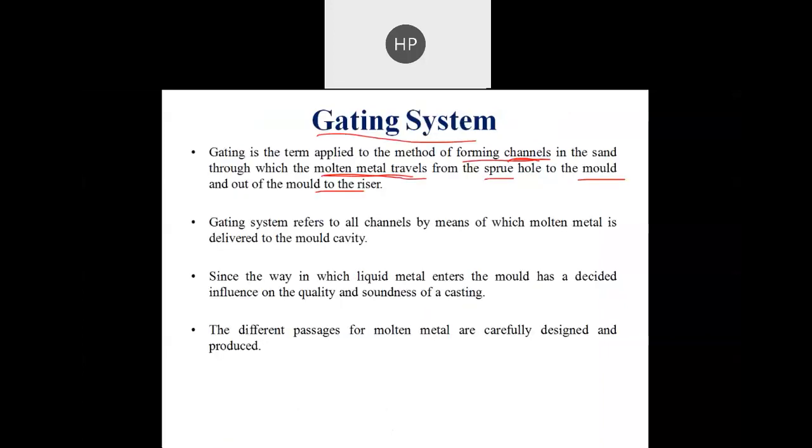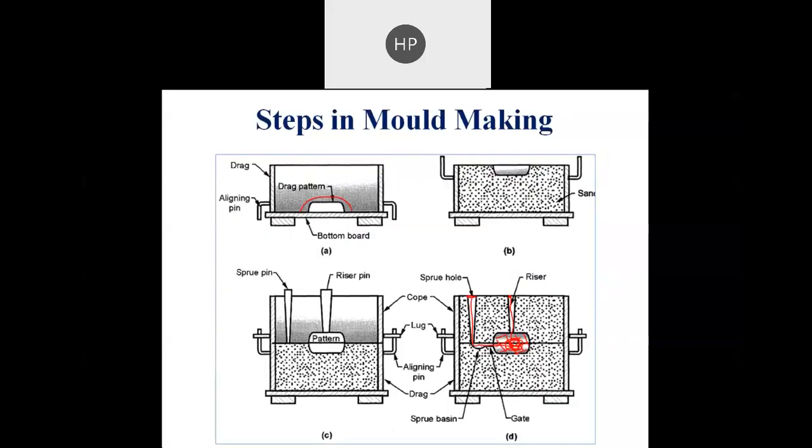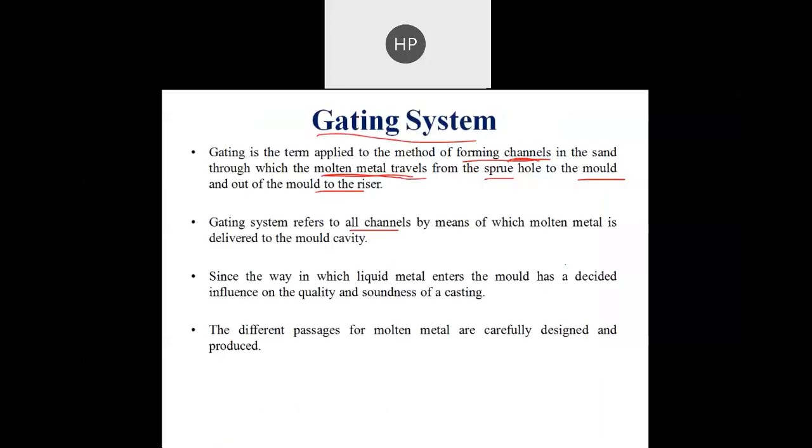As you can see here, we have a total of three channels. The first is this vertical channel, this one is the horizontal channel, as well as this riser. And not only this, any channel which is used to deliver the molten metal to the cavity is part of a gating system.